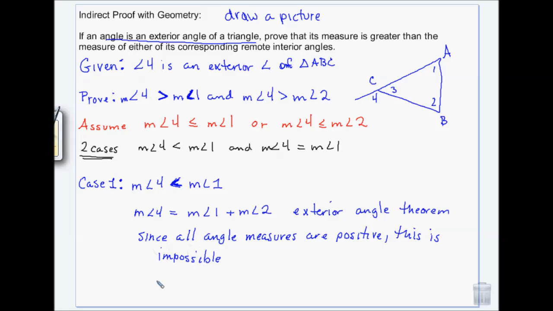Okay, all angles are positive. So it's impossible for angle 4 to be less than angle 1 and then angle 1 add up to something with something else to equal angle 4. That's not possible, because that would mean that angle 2 has to be some negative number, and that's not a possibility.